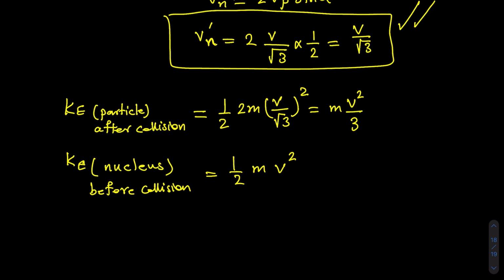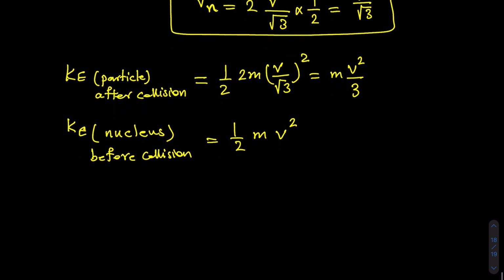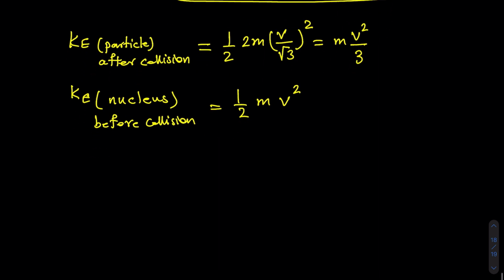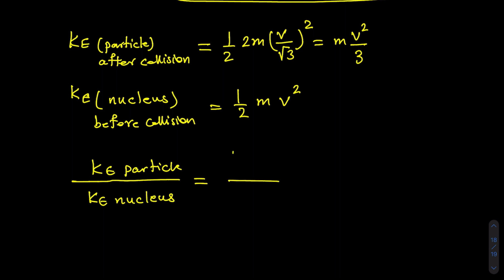Then, since we need the fraction of the initial kinetic energy transferred to the target particle, we simply divide the kinetic energy of particle by the kinetic energy of nucleus, and it will be equal to m v squared over 3 divided by a half of m v squared.